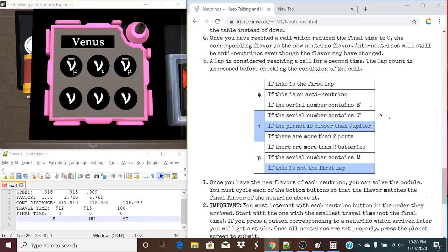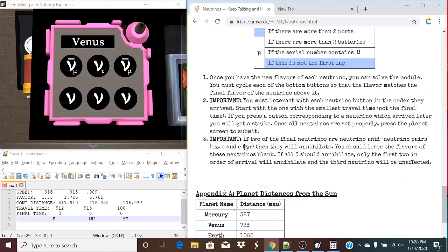But let's actually take a look here. We have 2 final neutrinos that are neutrino-antineutrino pairs. Both end on mu. One's an antineutrino and one's a neutrino. So these 2 are essentially going to cancel out. And that's good. If they weren't, however, to cancel out, we would interact with each neutrino button according to its travel time, not its final time.